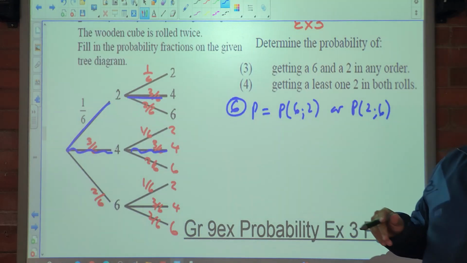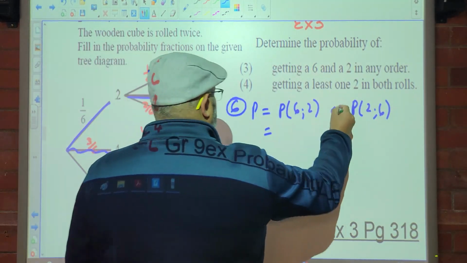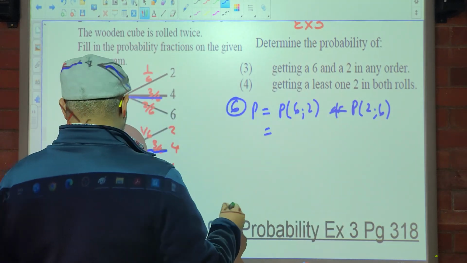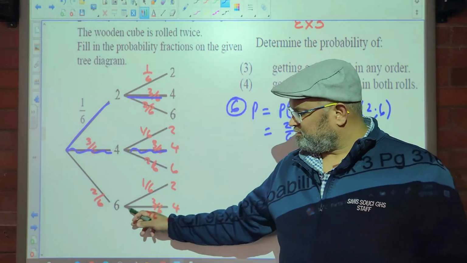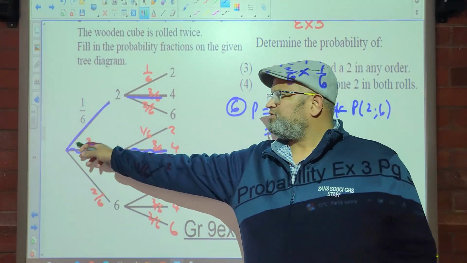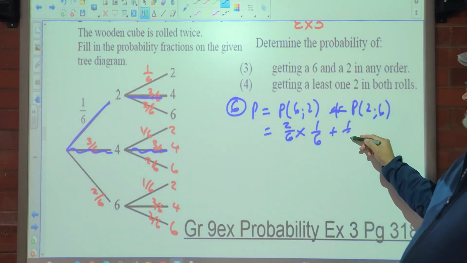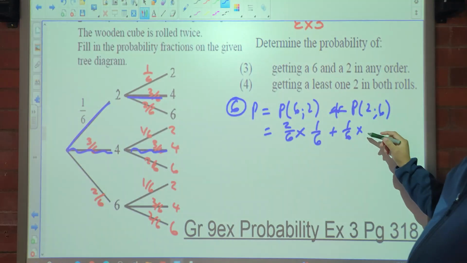Because they're any order, this should simply be the probability of 6, which is 2 out of 6, times the probability of a 2, which is 1 out of 6, plus the probability of a 2, which is 1 out of 6, times the probability of a 6, which is 2 out of 6.